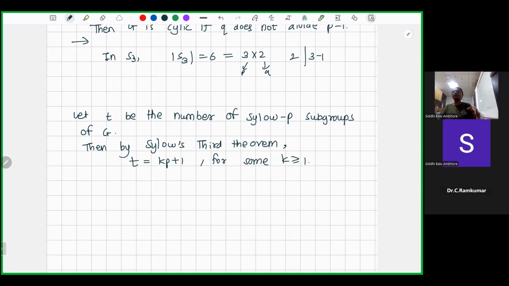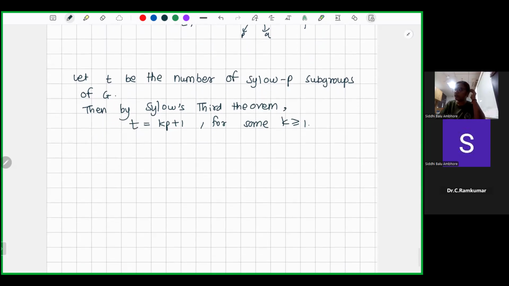So my T will be some Kp plus 1, and T divides the order of G, that is PQ. So by the above conclusion, P divides T minus 1.